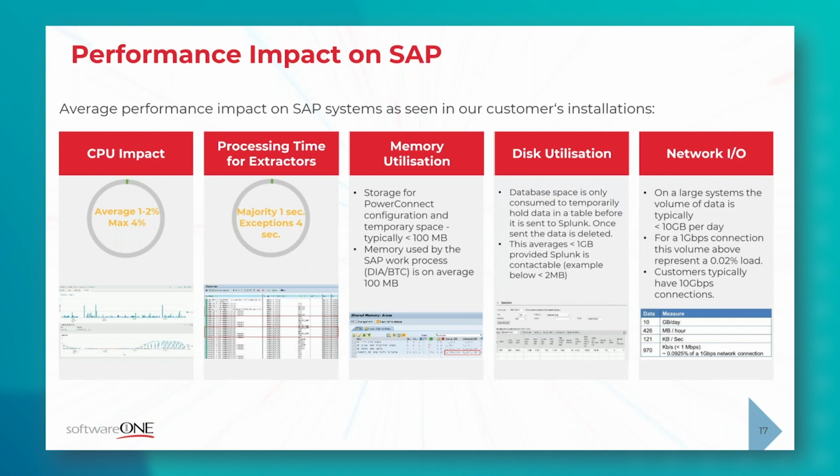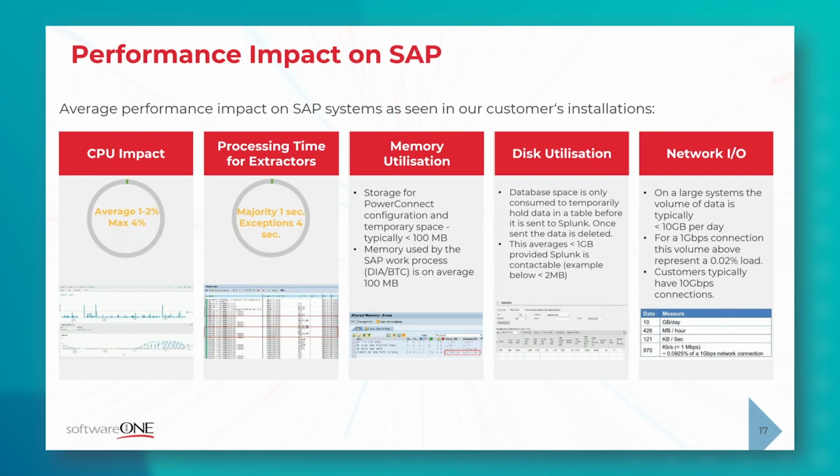For CPU, it's roughly 1 to 2% overhead that you need for PowerConnect, so it's limited. And the effect on the work processes running in the SAP system is quite low as well, including the memory utilization of it. It's just a slight overhead of assumedly 100 megabytes.